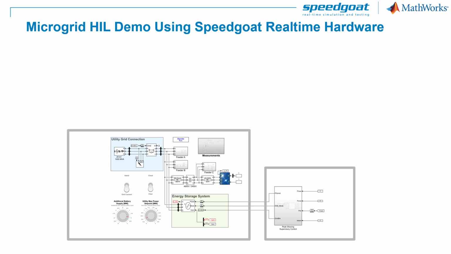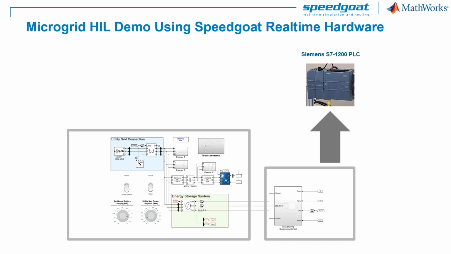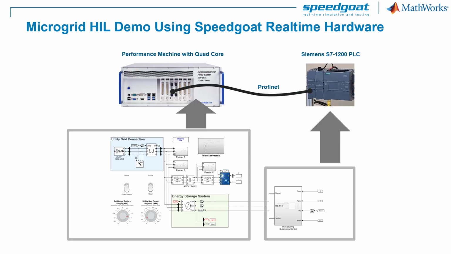I'm using a Siemens S7 PLC as an example. But in your case, it could be your own controller. So this is just a placeholder for your application. The plant model will be deployed in a real-time target machine. In this case, I'm using a Speedgoat performance machine, which has an i7 quad-core CPU.